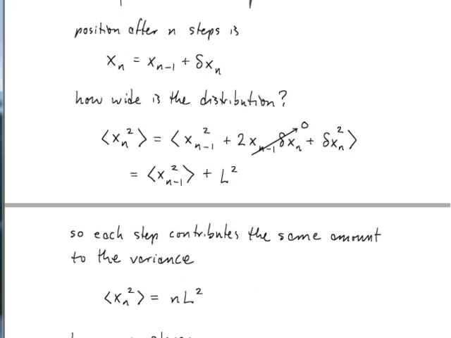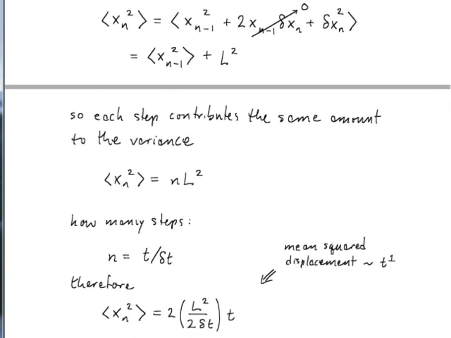Each step contributes the same amount to the variance, so the mean squared displacement is proportional to the number of steps times L squared.